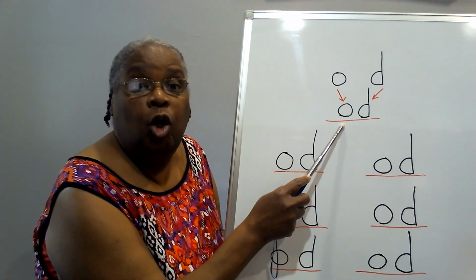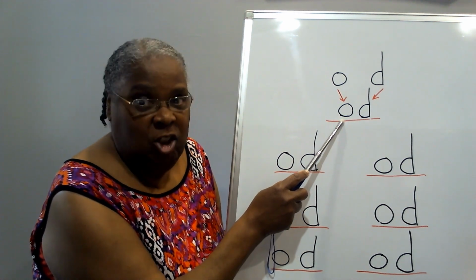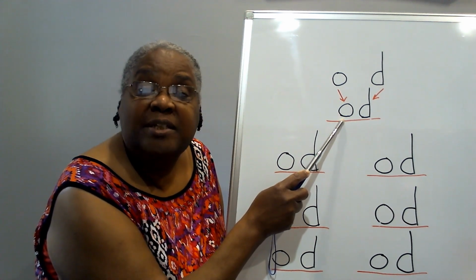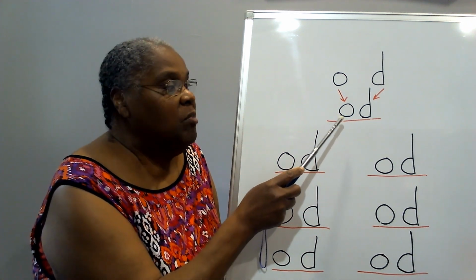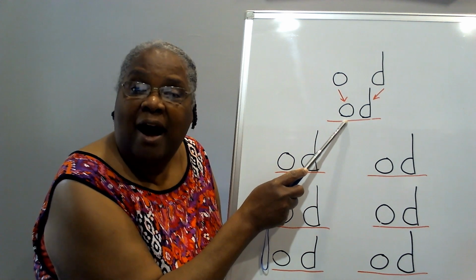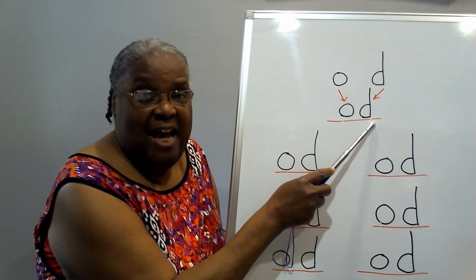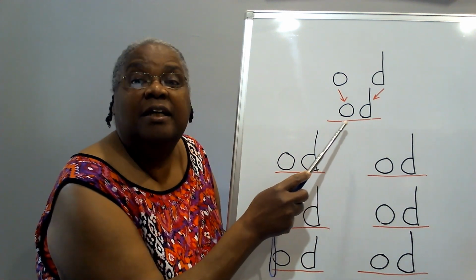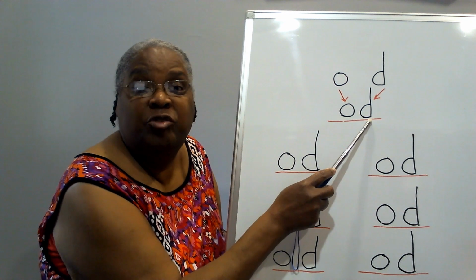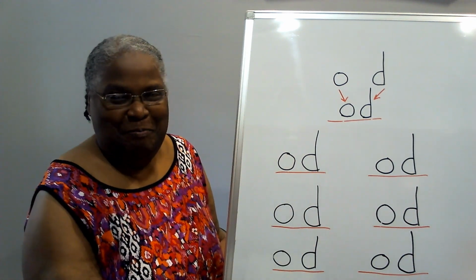In the blend OD, when the blend is read, each letter makes two separate sounds. Let us sound out the blend together. Say the O sound, ah. Say the D sound, d. Now say the O sound and the D sound together smoothly. Odd. Great job.